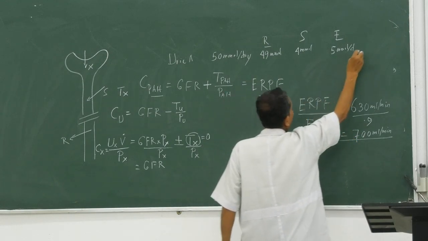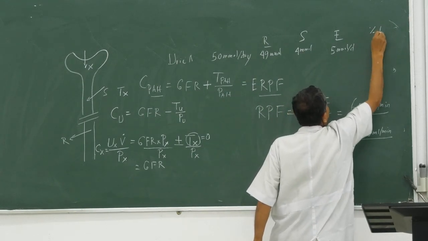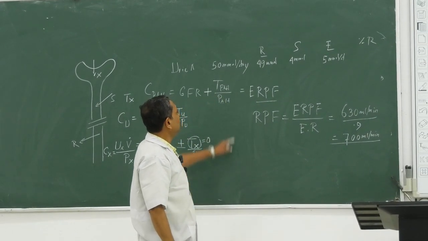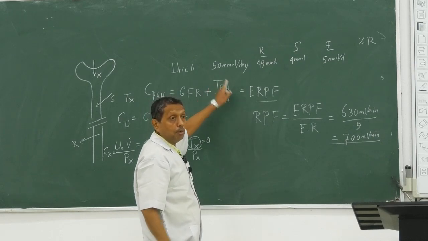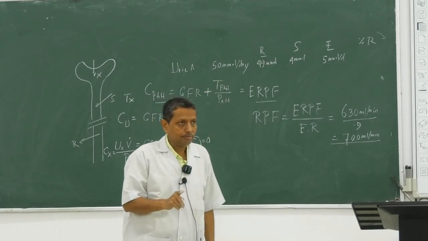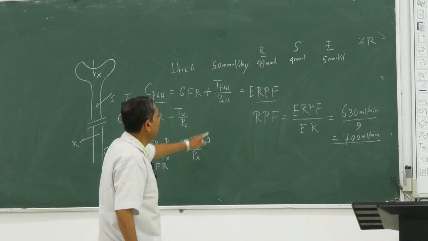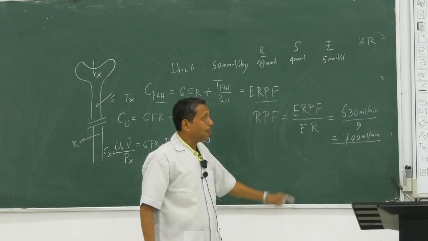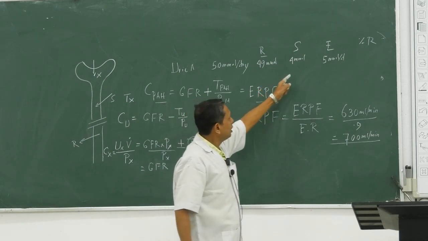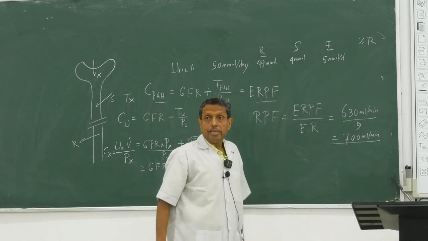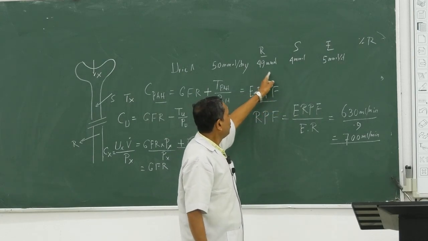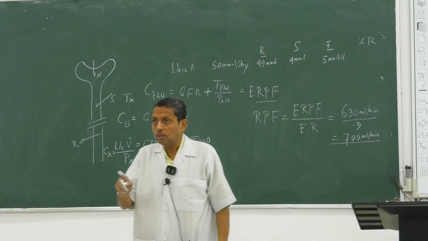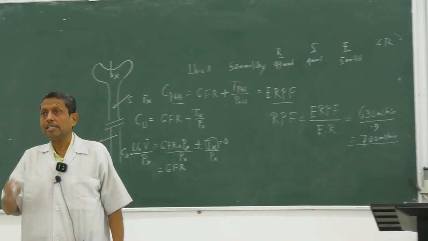So 50 millimole of uric acid per day is filtered, and of this 49 millimole is reabsorbed in the proximal tubule. In some other part of the nephron or proximal tubule itself, 4 millimole is secreted. So 1 millimole and 4 millimole excreted is 5 millimole. It is an example of a substance that is both filtered and secreted.